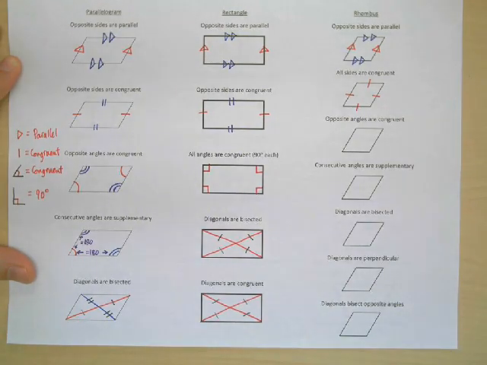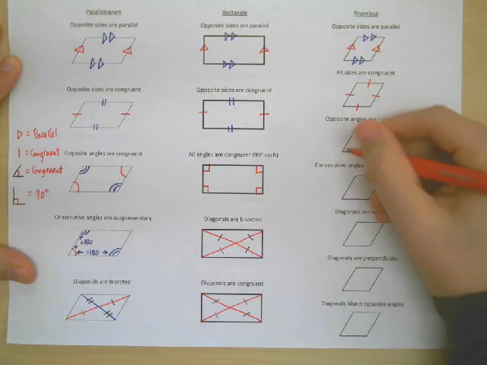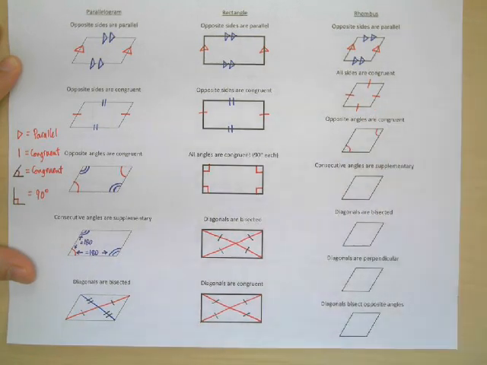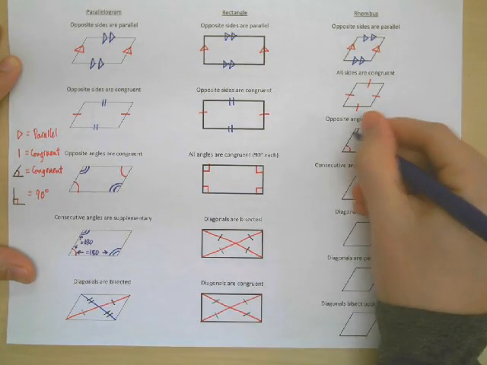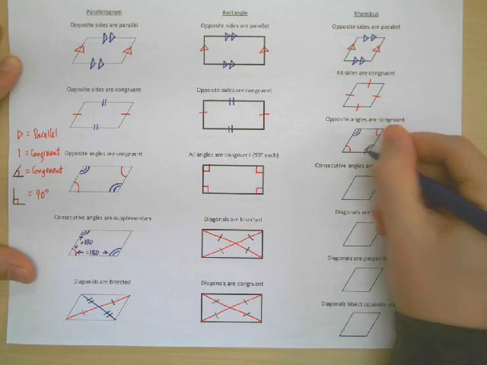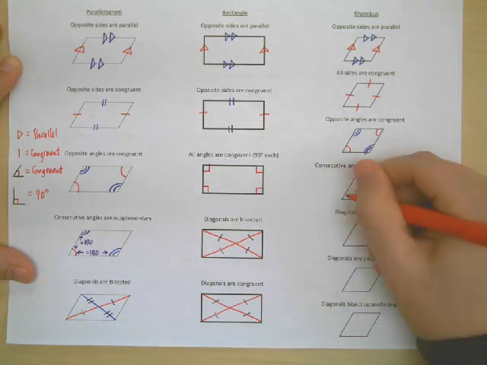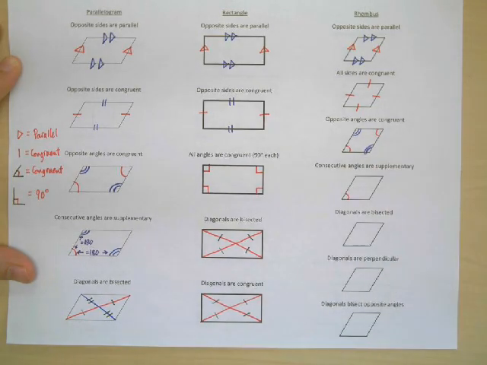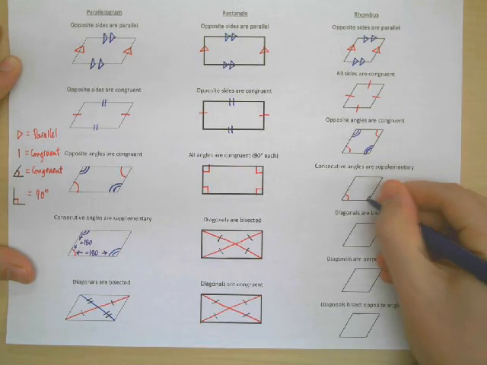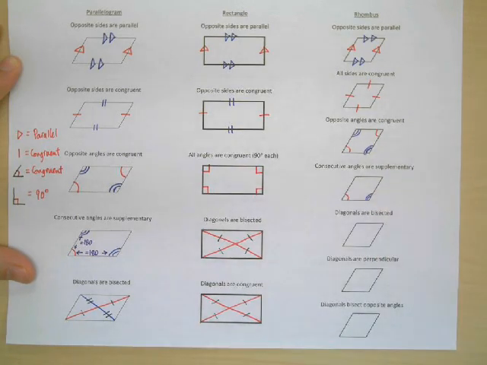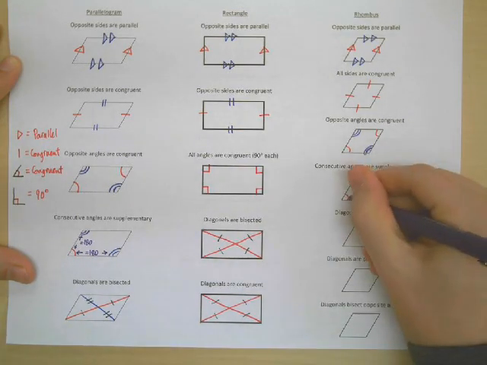Then opposite angles are congruent. There's the reds. There's the blues. Next, consecutive angles are supplementary. So like we did back over here for the parallelogram, we're going to try to show that our red and blues would add to 180.